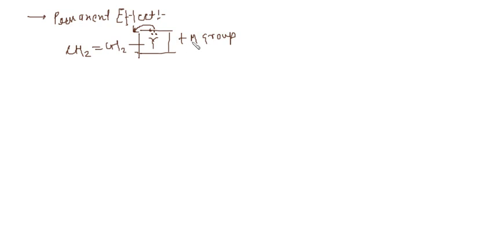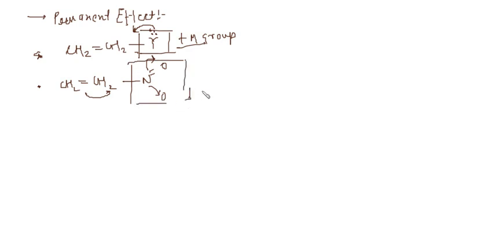Whenever someone donates, we consider plus M, and if someone accepts, we consider minus M. For example, CH2=CH with NO2, where N=O and O. If this bond goes this side and this bond goes this side, that is resonance. The group is accepting electrons, so we consider it a minus M group.